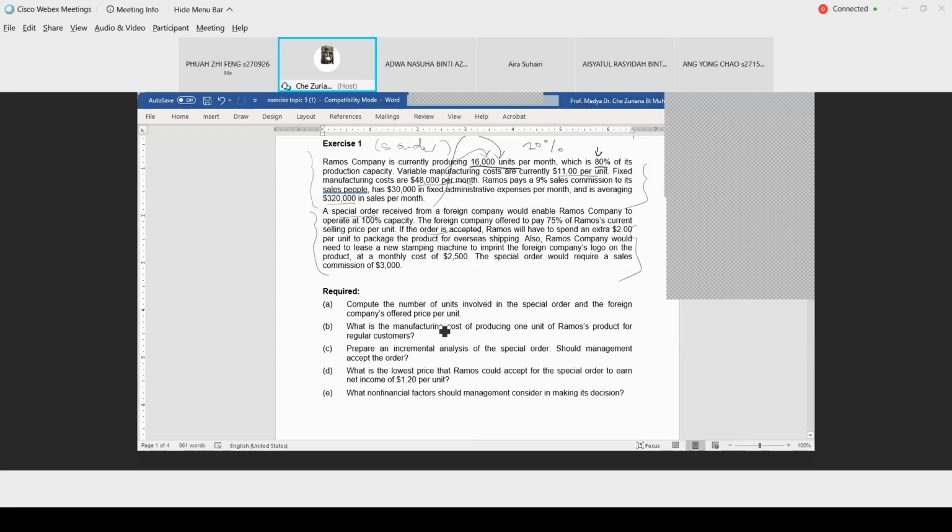So the first question is compute the number of units involved in the special order and the foreign company's offered price per unit. And what is the manufacturing cost of producing 1 unit of Ramos product for a regular customer? Prepare an incremental analysis of the special order. See, it asks you to prepare an incremental analysis.